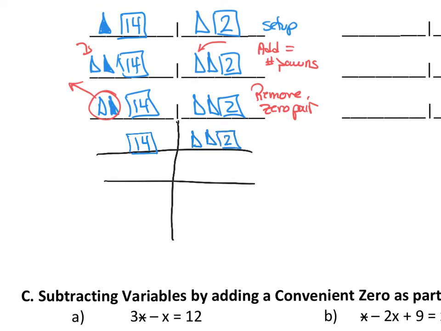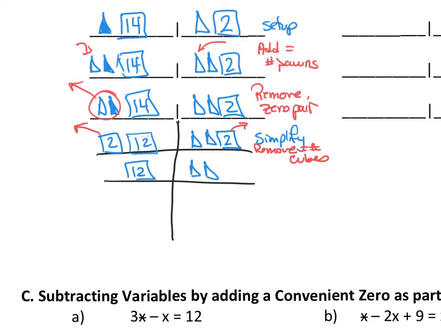And now at this point, we want to be able to take 2 away from both sides. And so when we write this step, instead of writing this guy as a 14, we can separate him as a 4 and a 2 and call it simplify, or really we're unsimplifying, because what we want to do then is remove equal number cubes, and that gives us 12 on the left and 2 white pawns on the right.